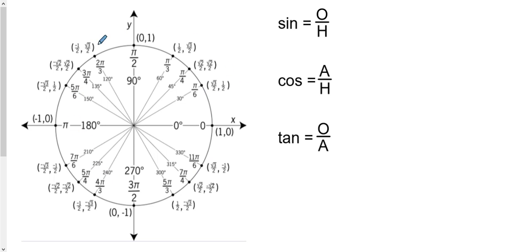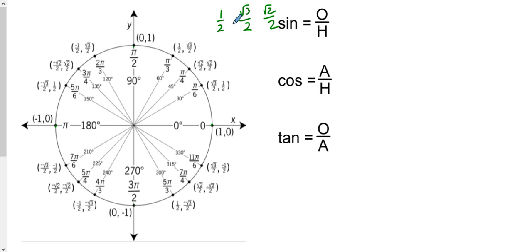And then on the outer layer, you have the coordinates for all those points. And notice all of those points, except for the points right here and here and here and here, which are all ones and zeros, only consist of three different values: 1/2, square root of 3 over 2, and square root of 2 over 2. Some positives, some negatives, but you'll never find any numbers out here that are different than those.